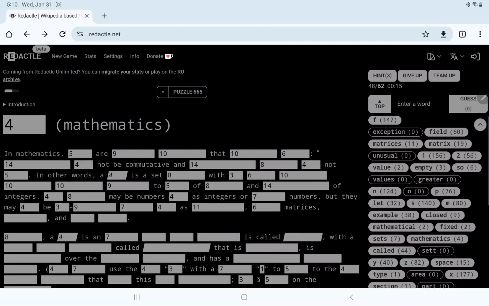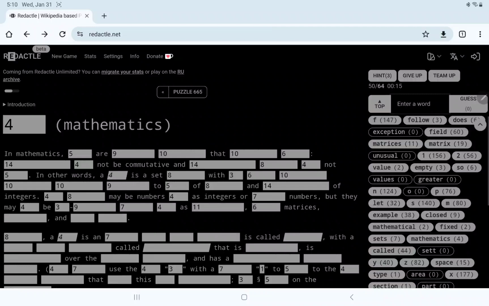That 10, 6, that's something follow, that something something. No, 14.4. Oh, does not. No, that does not bead. I don't think that occurs in English.